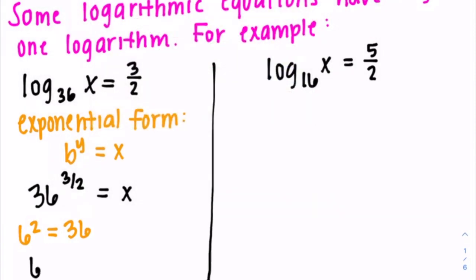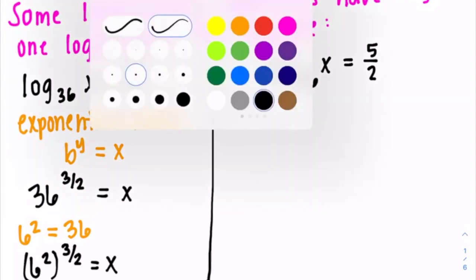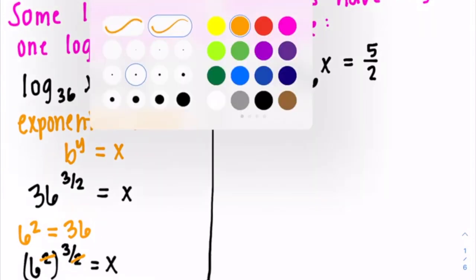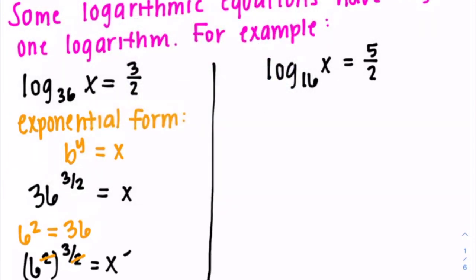Replacing 36 with 6 squared allows us to cancel out those 2's, so we're left with 6 to the 3rd power. And of course, 6 to the 3rd power is 216, so x equals 216.